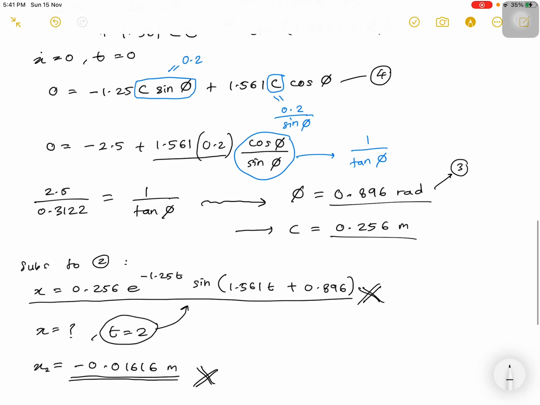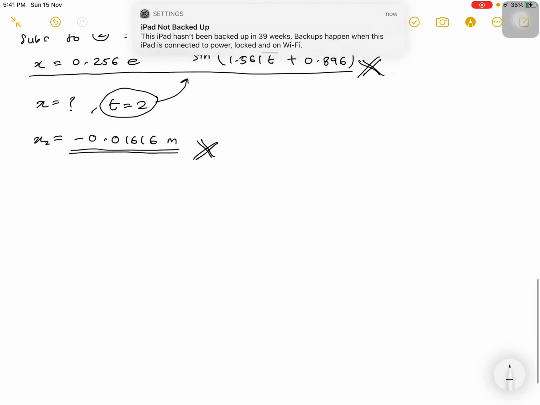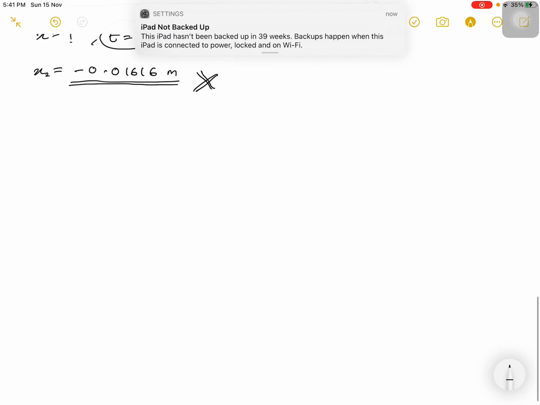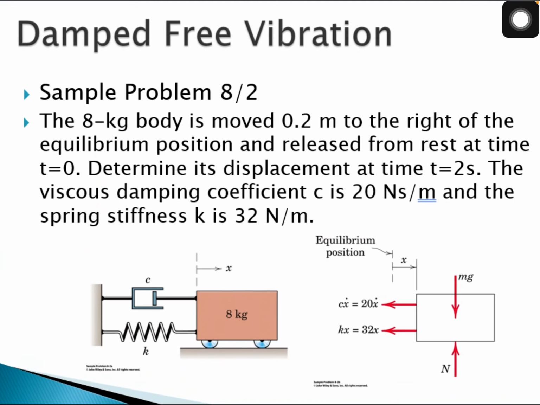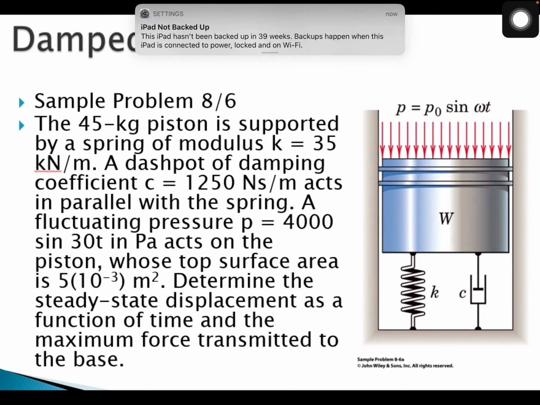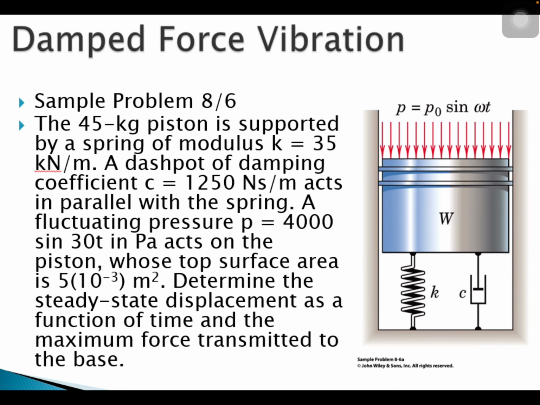Alright, so now we go to example number 2. Example number 2 is from example 8.6 in the book, the dynamics book I mentioned before.